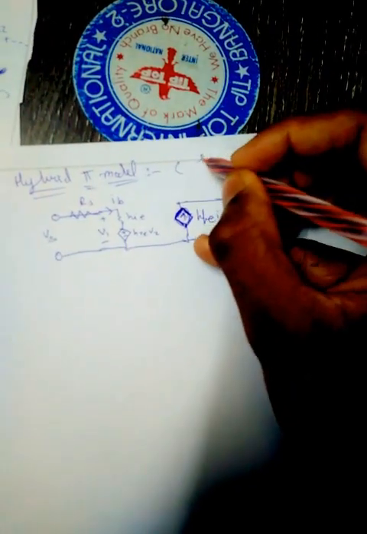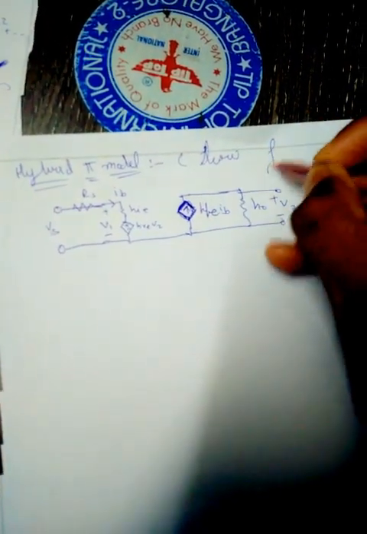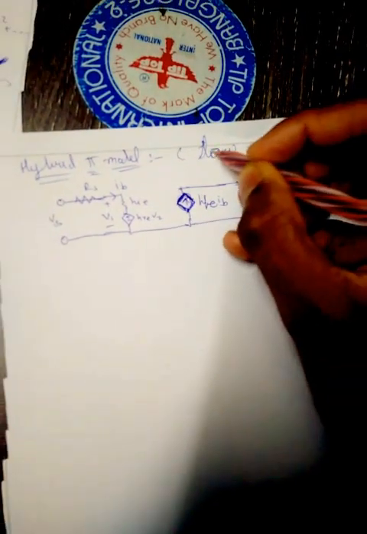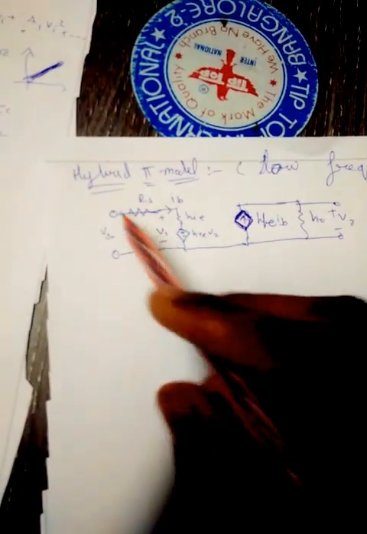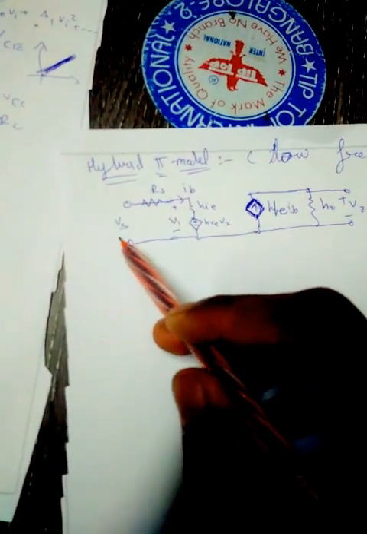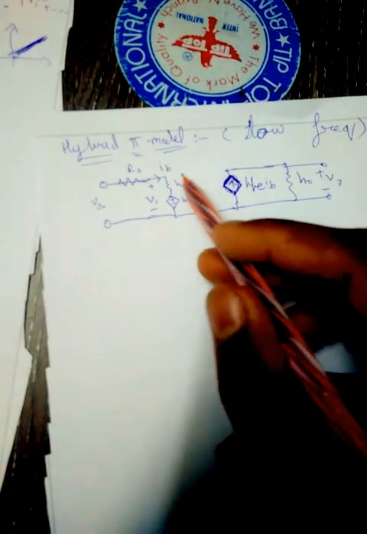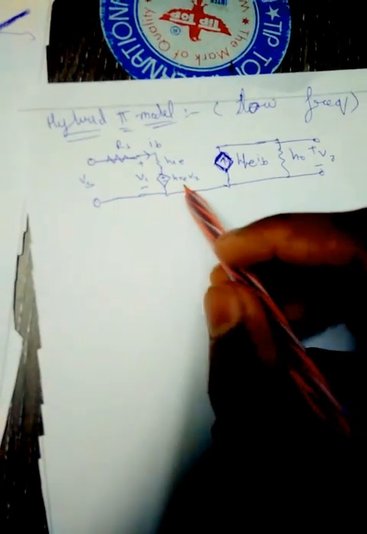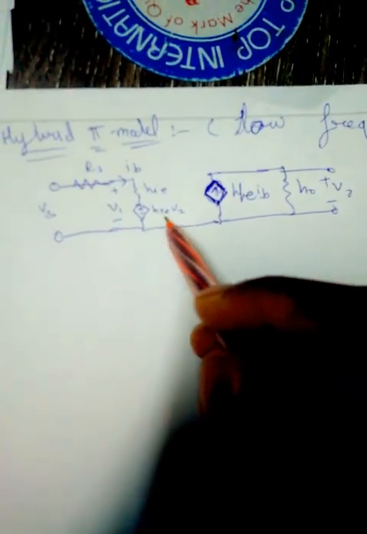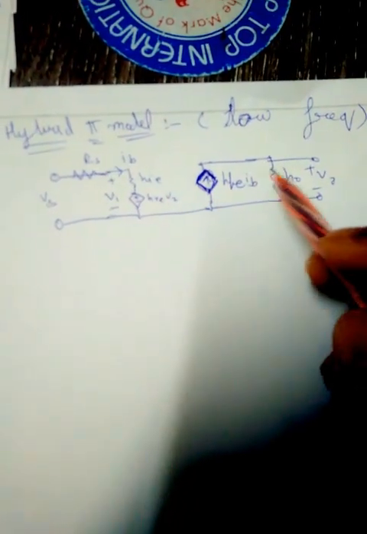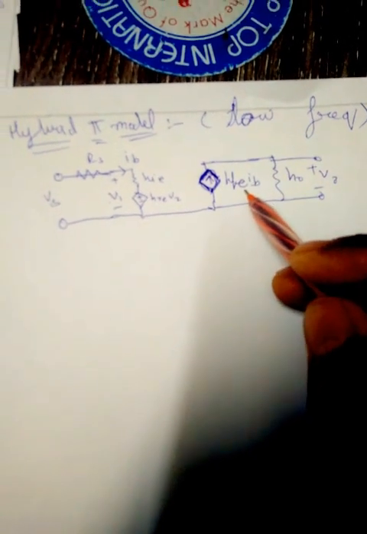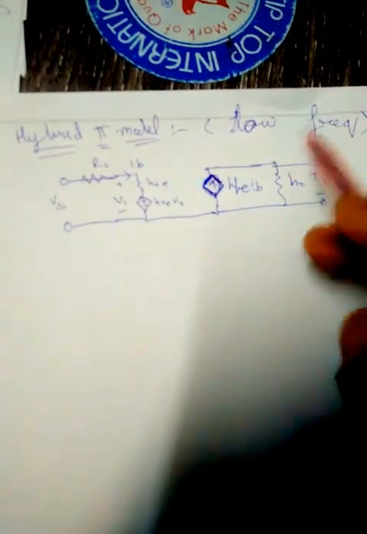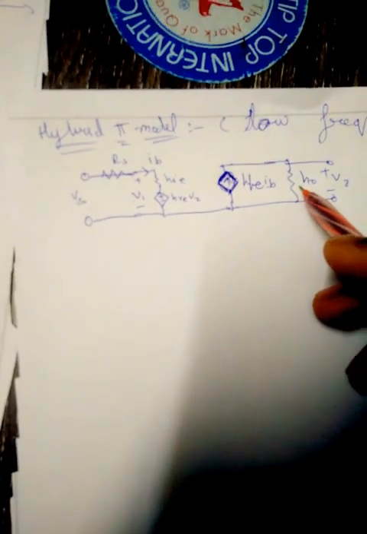This is valid for low frequency. Here the circuit consists of the voltage input source resistance, and the transistor input resistance looking into the base current, and here this is a voltage controlled voltage source. Its voltage is controlled by the output voltage. This is a current controlled current source. Its current is controlled by the input current, and this is an output admittance.